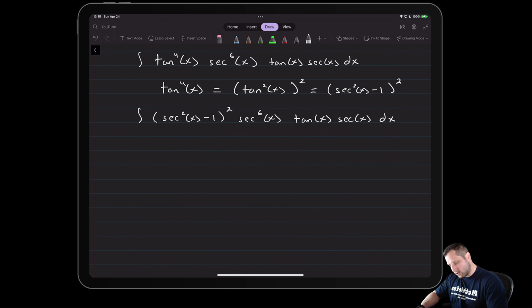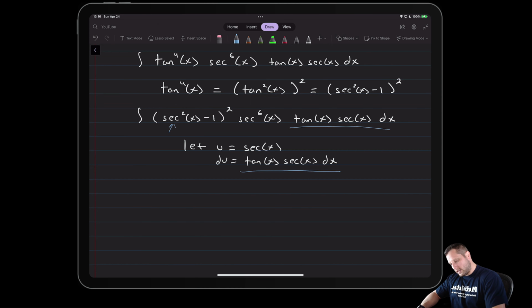Now we're ready to start our u sub process. We are going to let u equal secant of x, and then our du is going to be secant x tangent x, or tangent x secant x, whichever order you prefer. So tangent x secant x dx, as you can see, we have this right here.